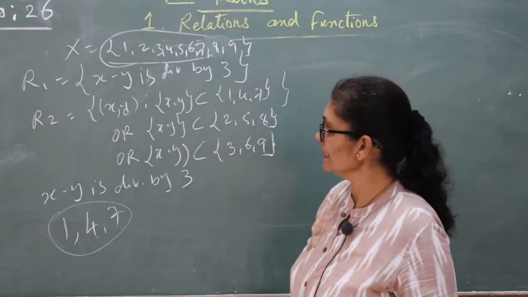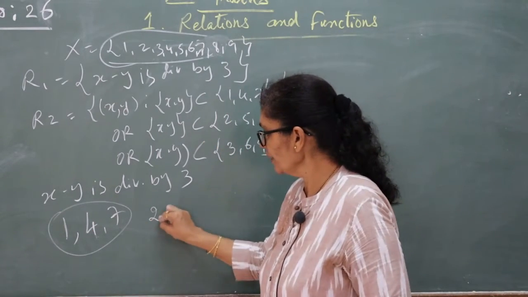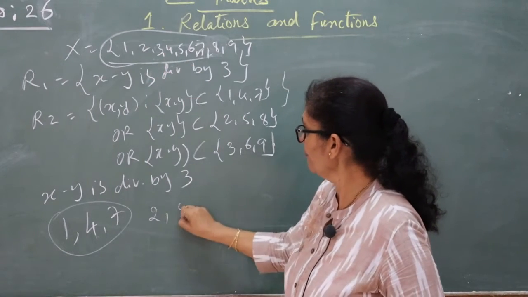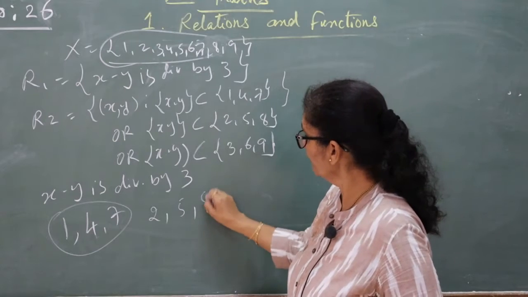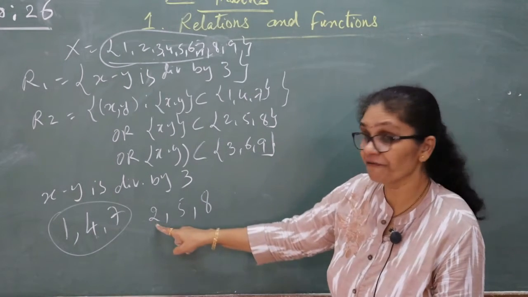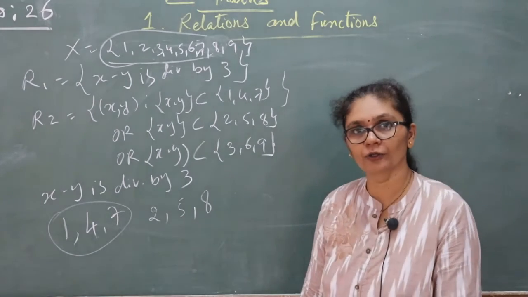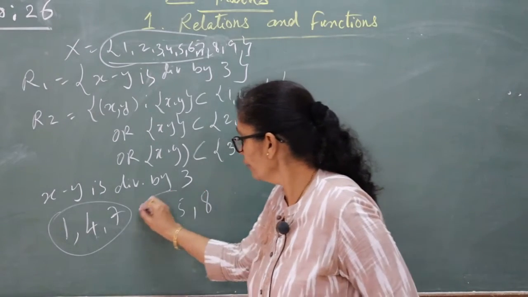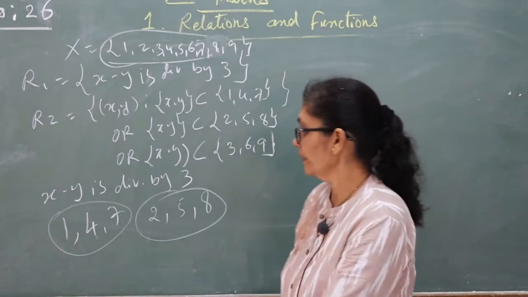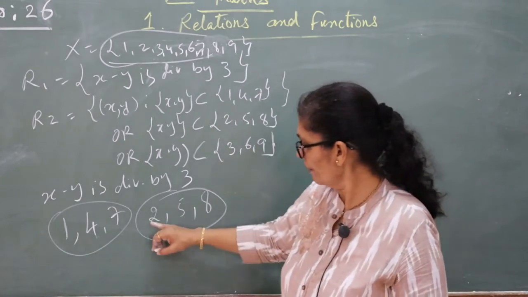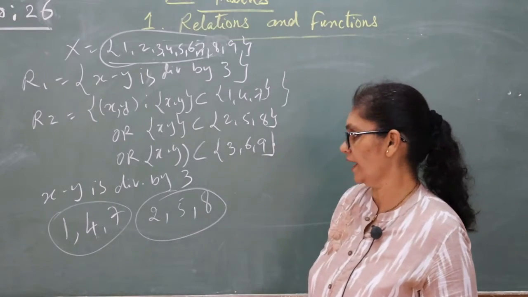Similarly, let's check for 2. If I choose the first number 2, then the next number will be 5 and the next to it will be 8. Why? Because the difference of 2 and 5 is 3 and the difference of 5 and 8 is also 3. So when I want a difference divisible by 3, meaning 3 or 6, which numbers can I choose? 2, 5 and 8.